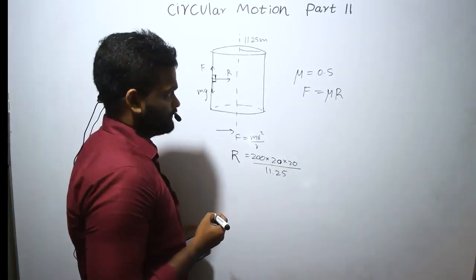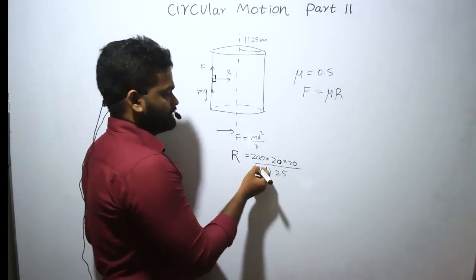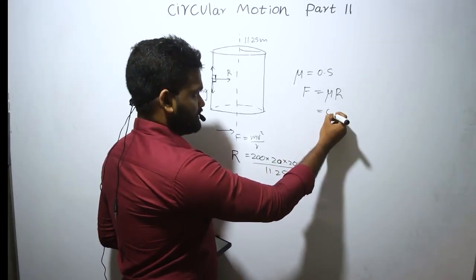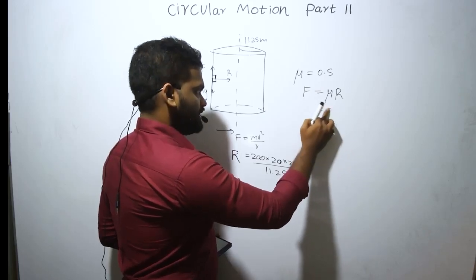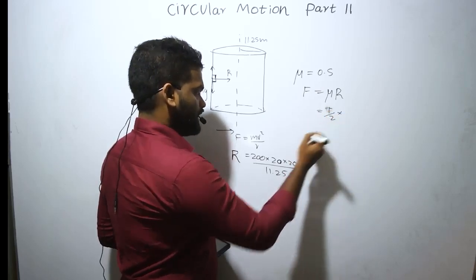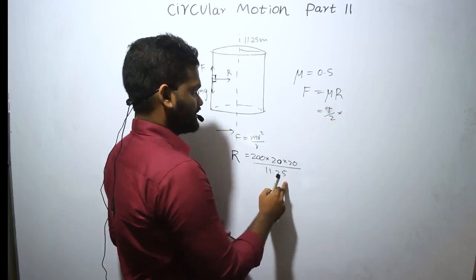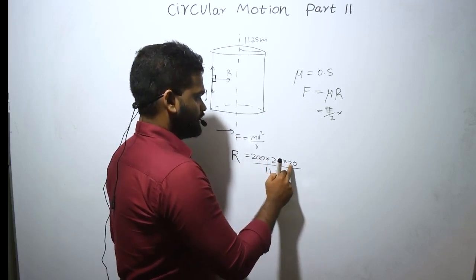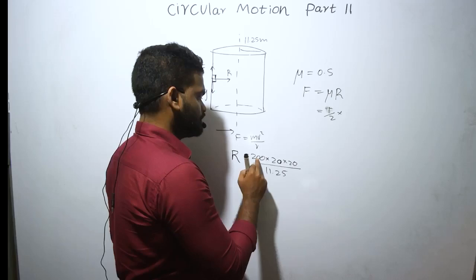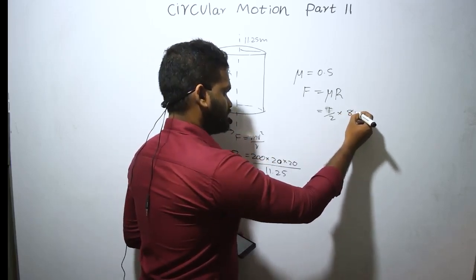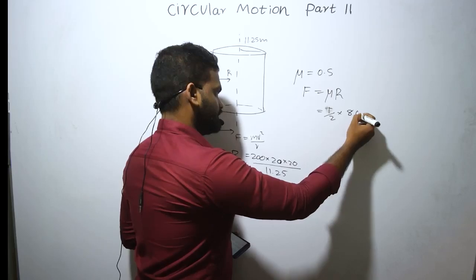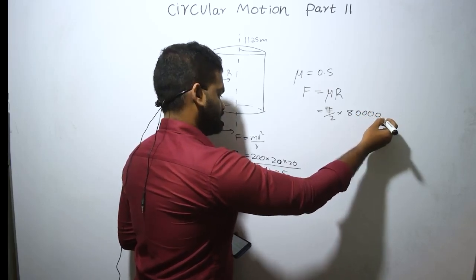Right. Then I'll just substitute this here. So mu they have given as 0.5. 0.5 is 1 over 2. R is this much. So 20 squared is 400. 400 times 200 is 8 something, right? So you have 4 zeros. 80,000.